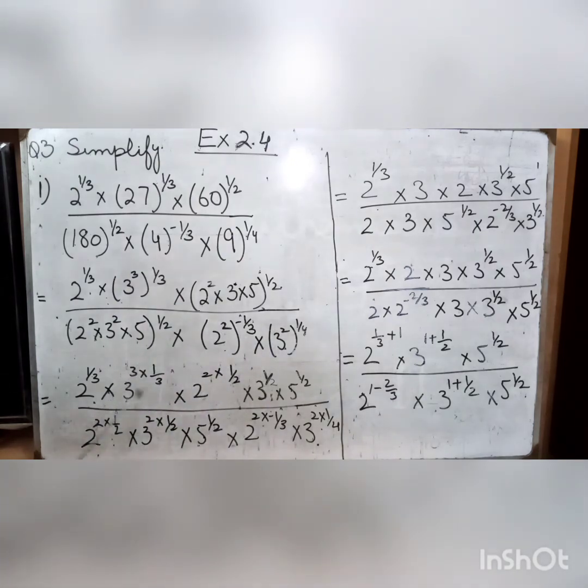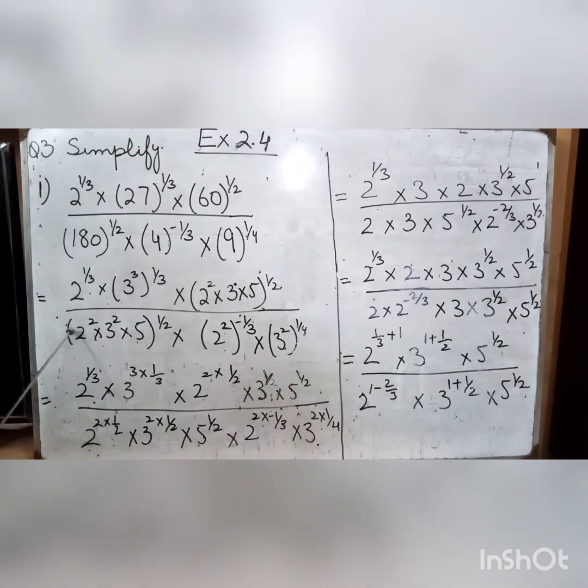And then after simplification, we have 2 raised to power 1 over 3, 3 raised to power 3 multiplied by 1 over 3, 2 raised to power 2 multiplied by 1 over 2, 3 raised to power 1 over 2, 5 raised to power 1 over 2.